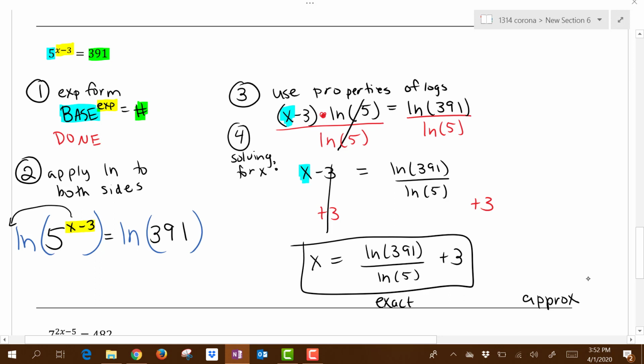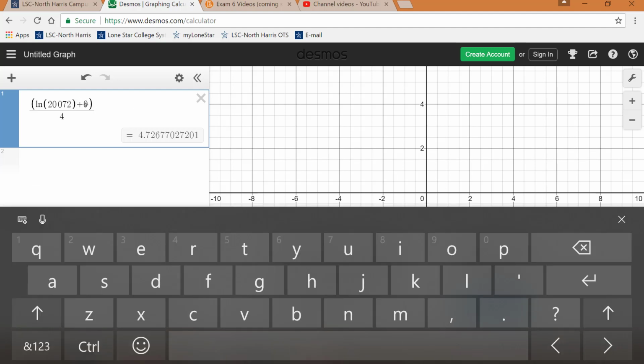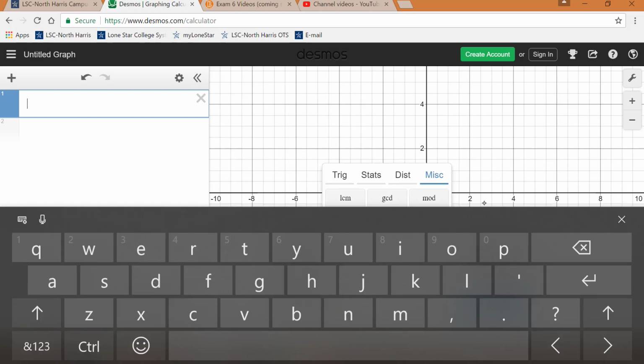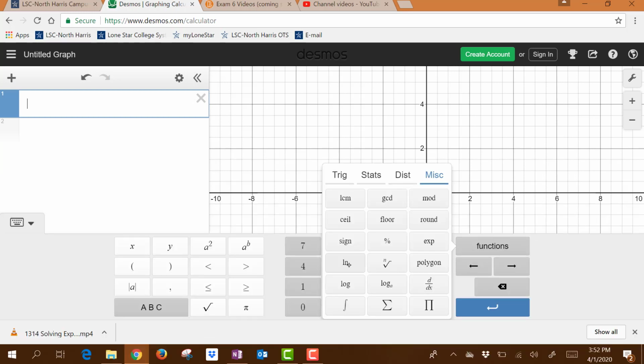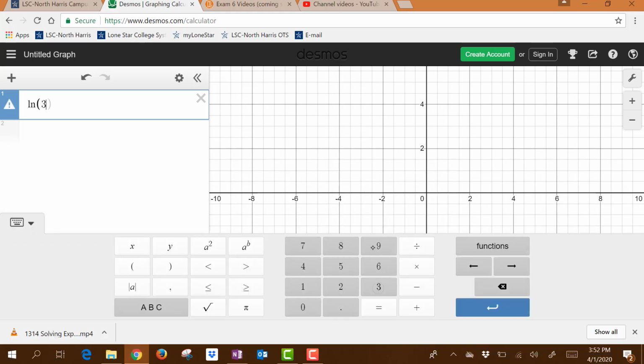Let's see if we can figure out the approximate. We want natural log of 391 divided by the natural log of 5 plus 3. Okay, so I'm going to go to Desmos. Functions. I want natural log, we said 391.